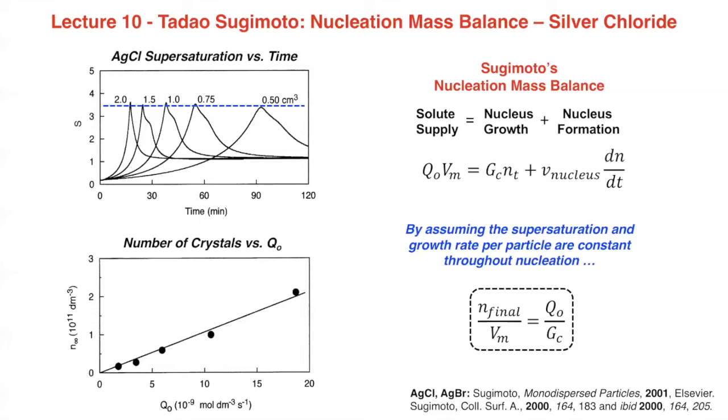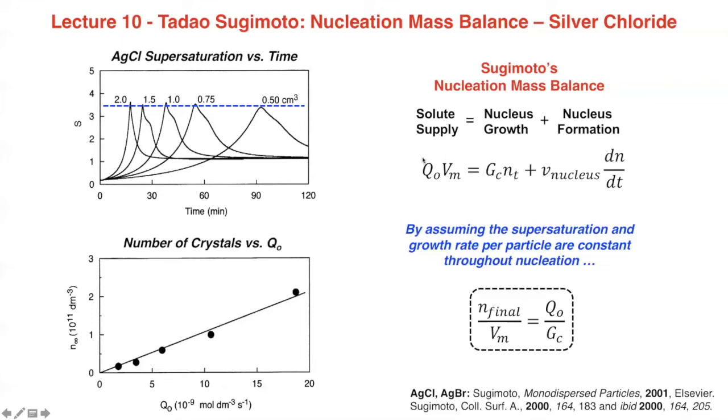And he found this linear relationship between the kinetics of the solute production or solute supply, which is this symbol Q naught, and the number of crystals that form. Sugimoto explained this result using his mass balance equation. And so I've illustrated here, you can think about what happens to all the solutes during the nucleation phase.